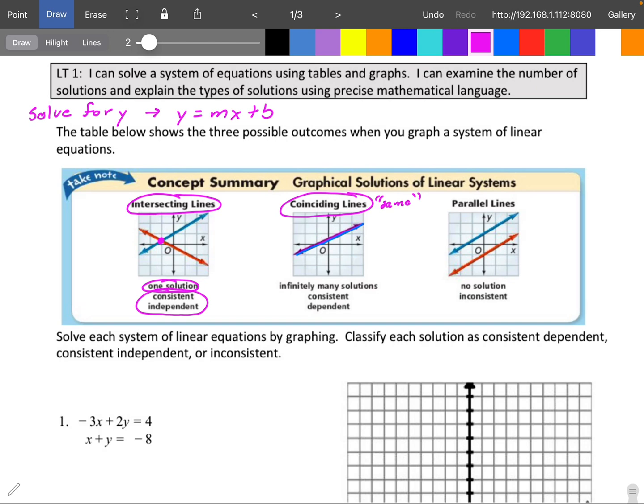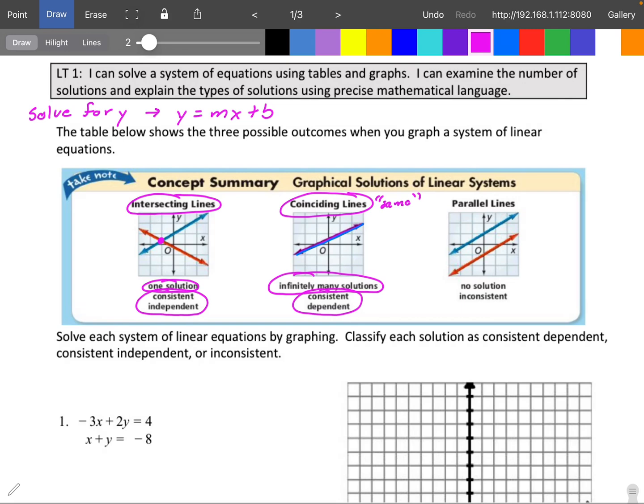And so then if they're the exact same line, then that means every point on the line is a point on the other line. Therefore, you're going to have infinitely many solutions. Every point on those lines will be a solution to the system because every point is on both lines. When that happens, we call that a consistent dependent system.